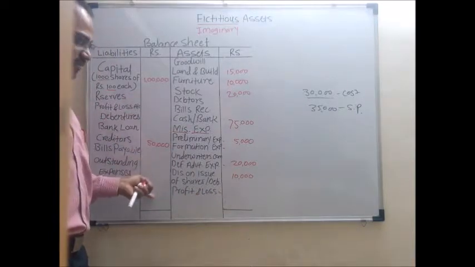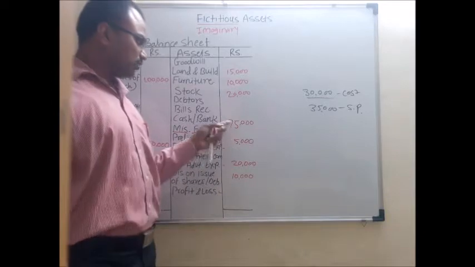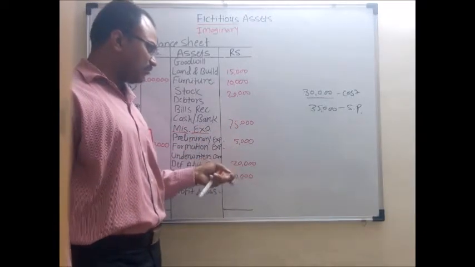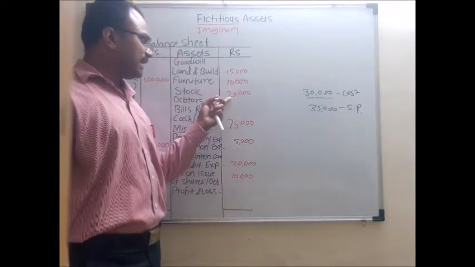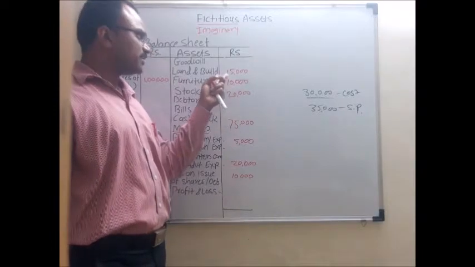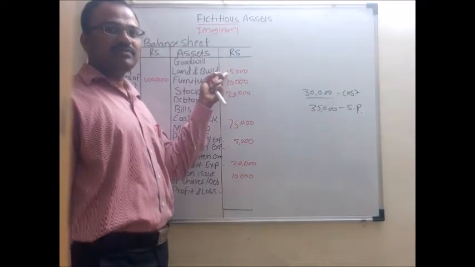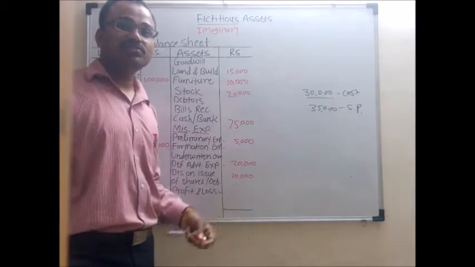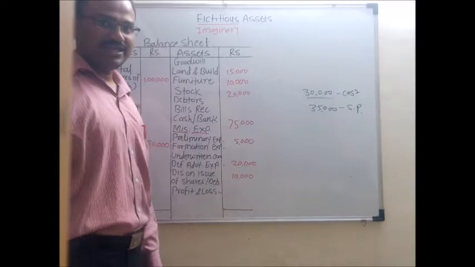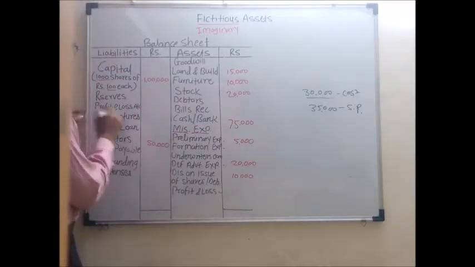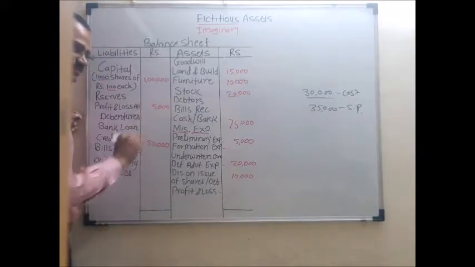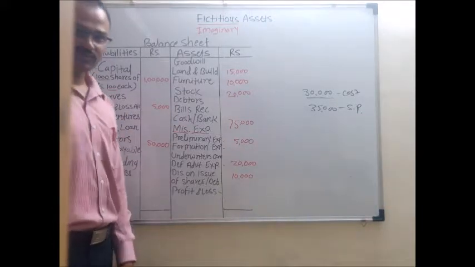Total liabilities are 1,50,000 and total assets are 1,55,000. So basically that 5,000 rupees is a profit to the business, and this profit can be shown on the liability side of the balance sheet as a profit and loss account.